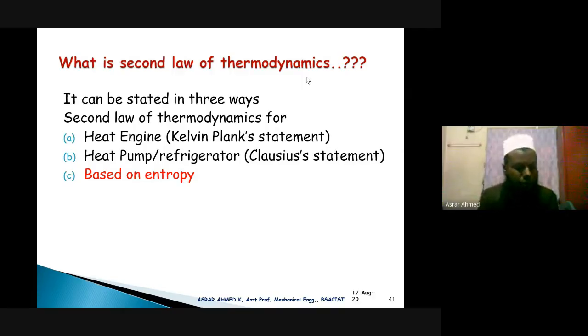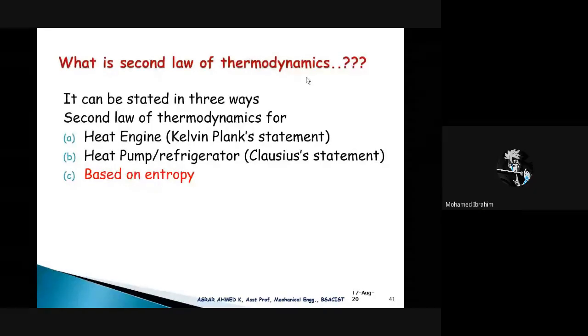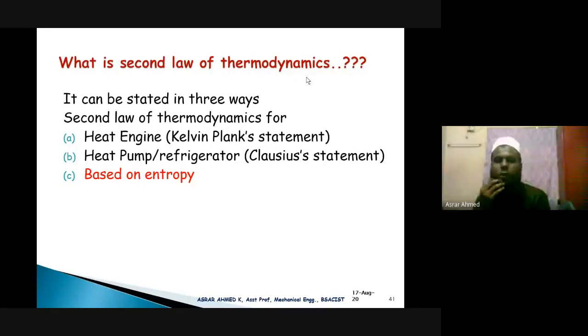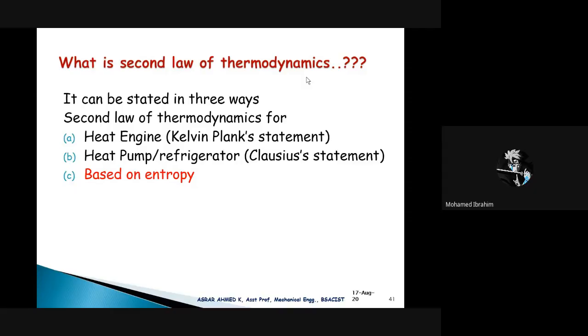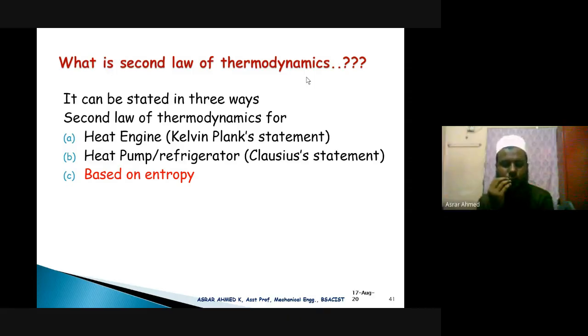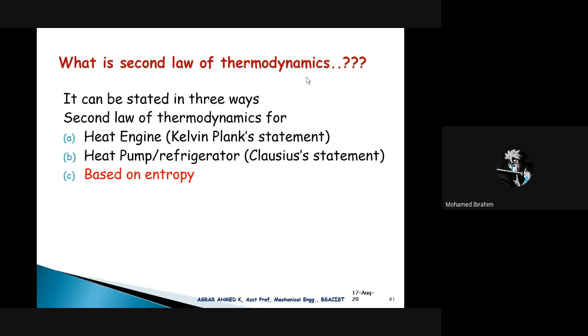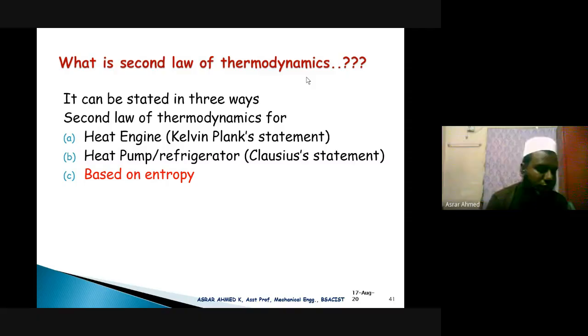Has anyone heard of it? Mohamed Ibrahim? Yes sir. Entropy, have you heard it? Yes sir, I have heard it, but I don't remember it now. In 12th standard you have heard it. Yes sir. Surya, have you heard this word entropy?